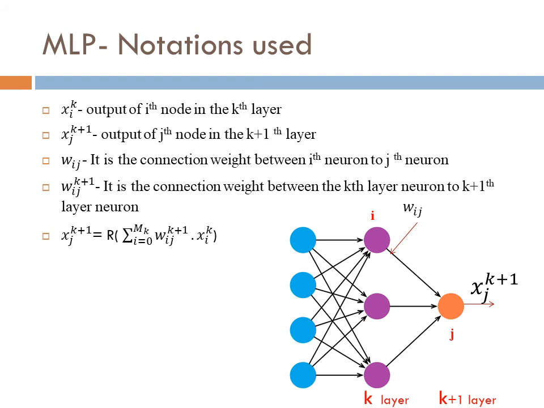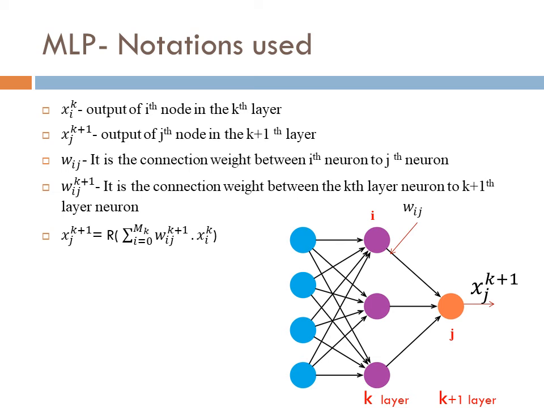All these notations are the same as what we have discussed in the single layer multiple output neural network. So the input for the purple nodes is denoted as x_i^k, and the weight connecting the ith neuron and jth neuron is represented as w_ij^(k+1).